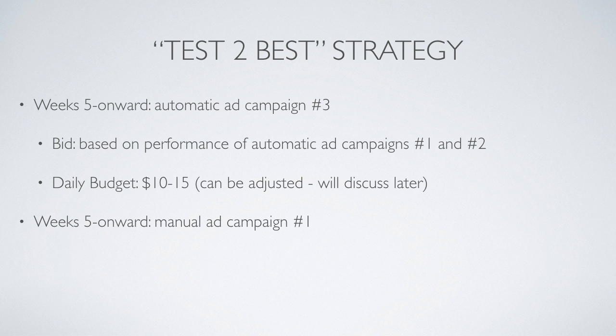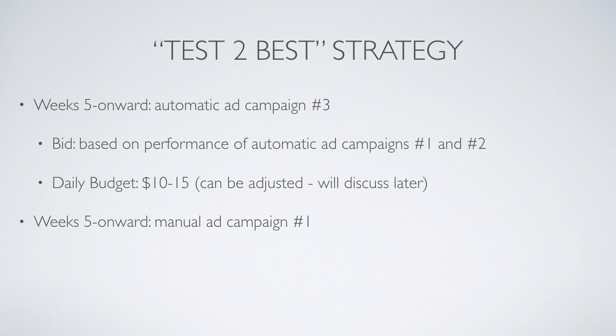And also at the same time, once these first 4 weeks are done, in week 5, not only are we going to set up an automatic ad campaign, right, based on the performance of the first two automatic ad campaigns that we set up in the first 4 weeks, but we're also going to set up our first manual ad campaign, which we'll get into in the next lesson.